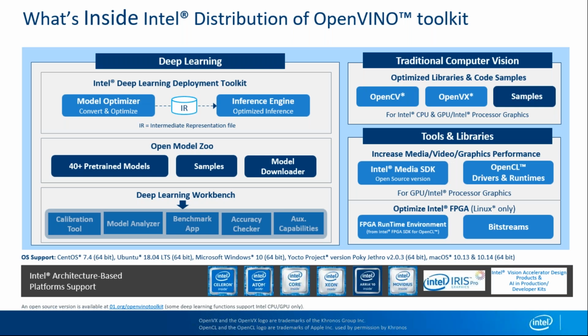So this is what's inside the Intel distribution of OpenVINO toolkit. In fact, there are two main components inside this toolkit: the model optimizer and the inference engine. The model optimizer will help you to convert any framework-based model to what is called the intermediate representation format used by OpenVINO.